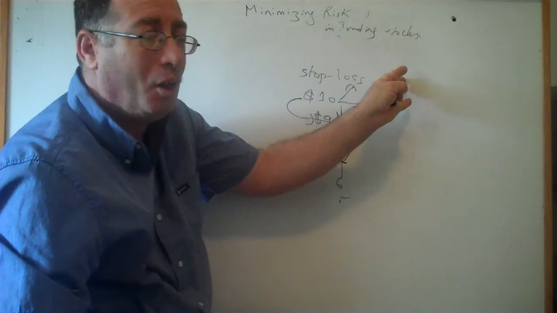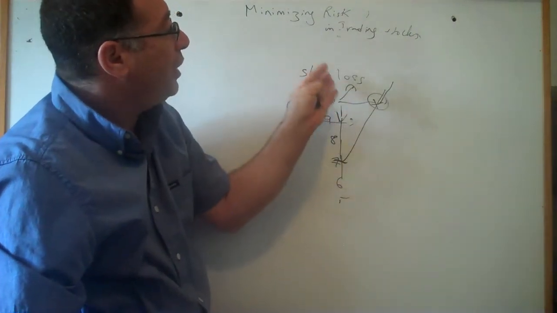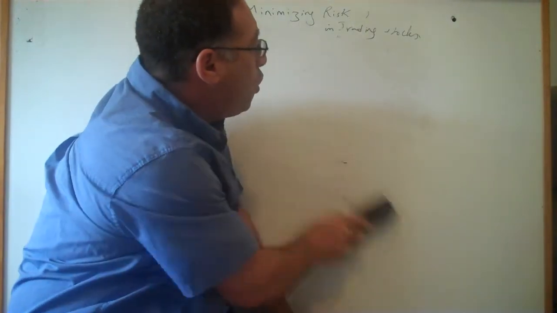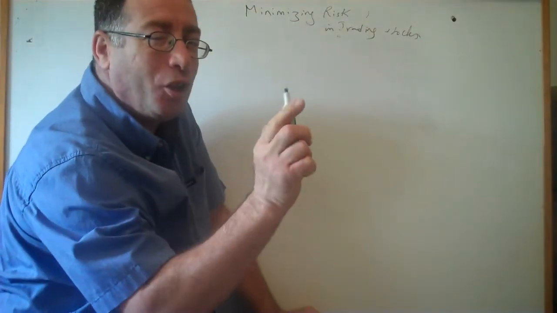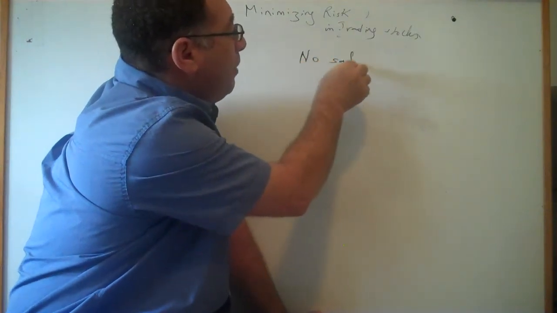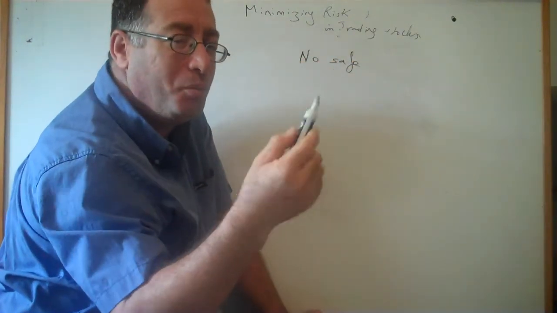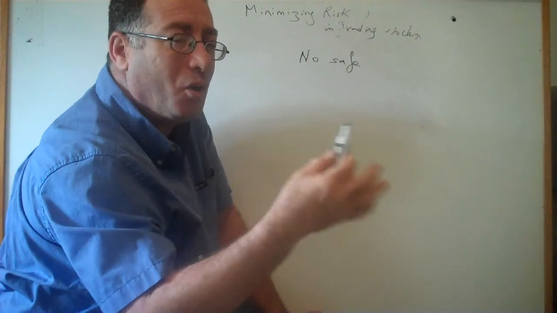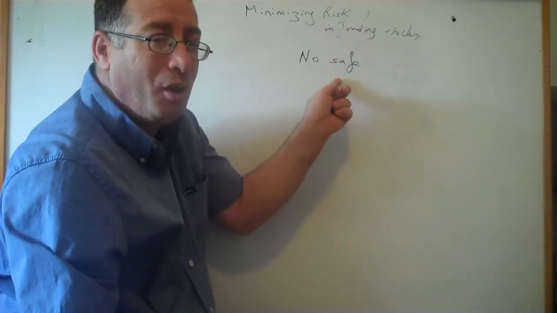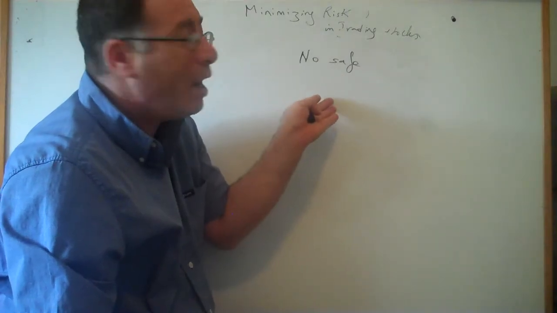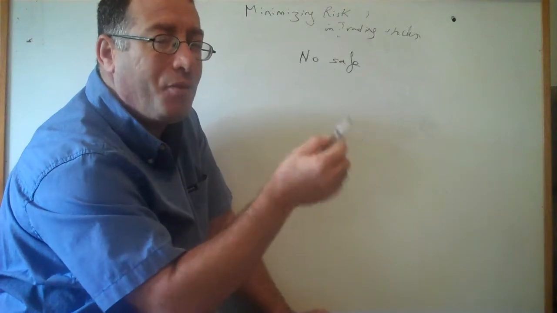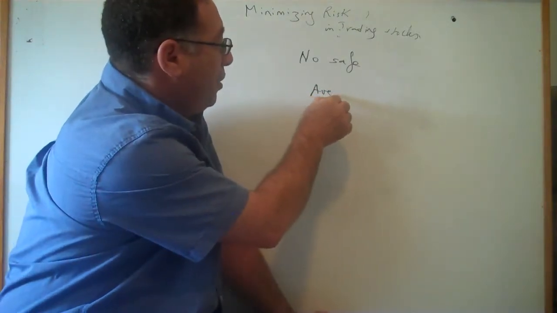So this is minimizing risk, but there is no safe trading. This is very important to understand if you want to become a trader or professional trader. There is no safe trading, because the price, whatever strategy you use, like averages, moving average.